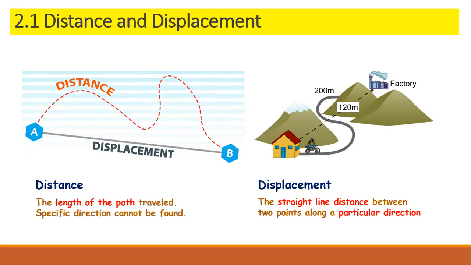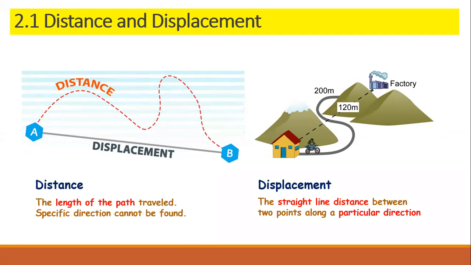In different places we turn to different sides, maybe left or right. In this way we go to the shop. If we take the length of that path, it is named the distance.